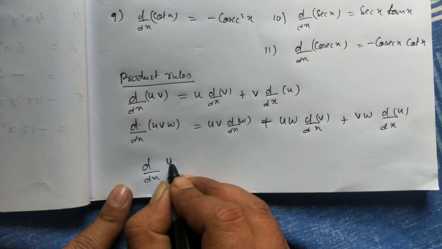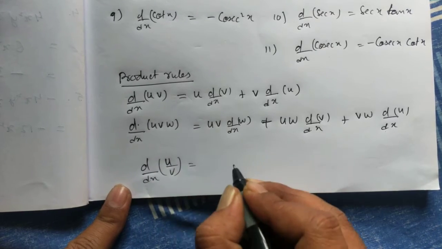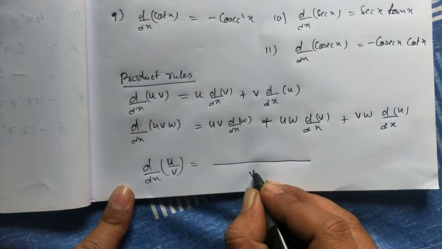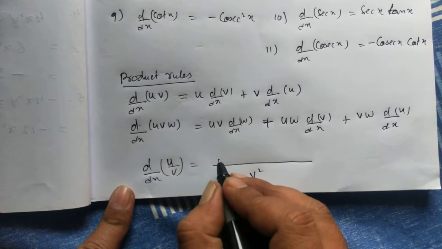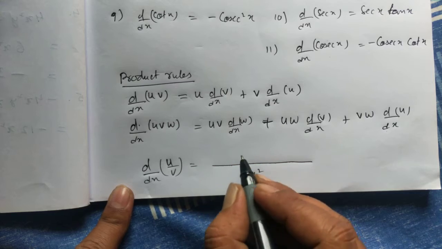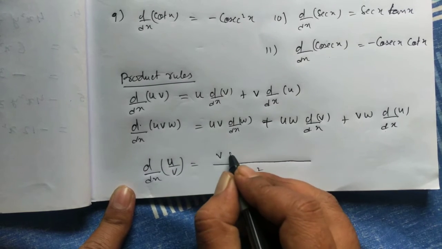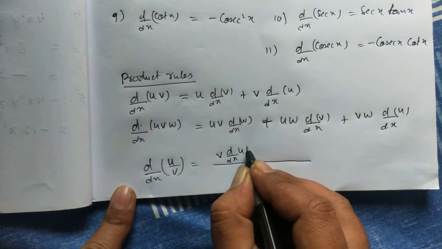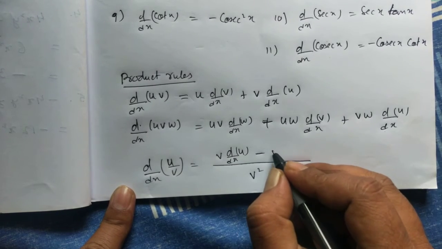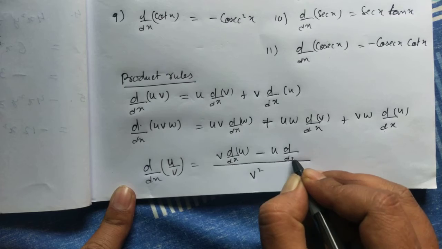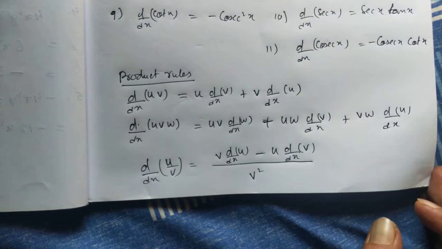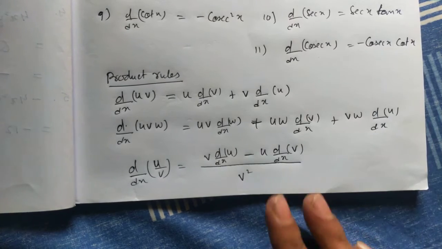Suppose you are doing u by v. This v, the denominator, you have to square, and on top, first you derive u while v is constant, minus u constant, then you derive v. So these are the formulas you have to know to do this chapter. Please note down all the formulas.